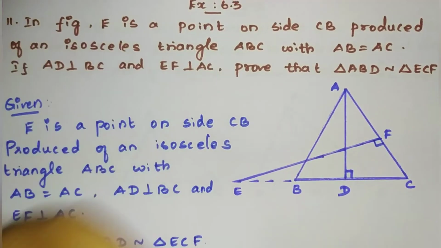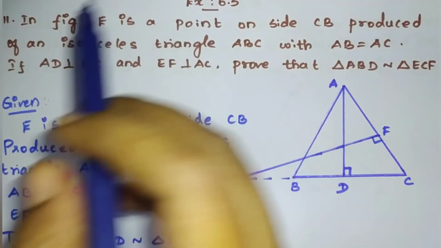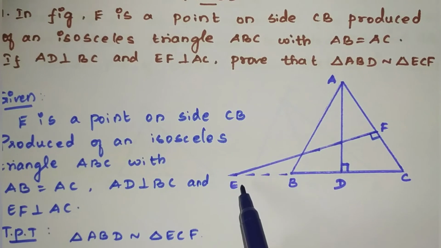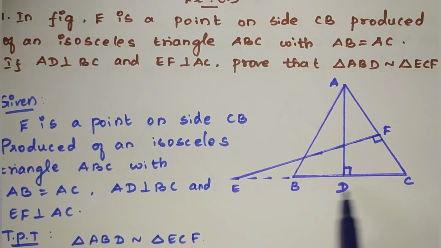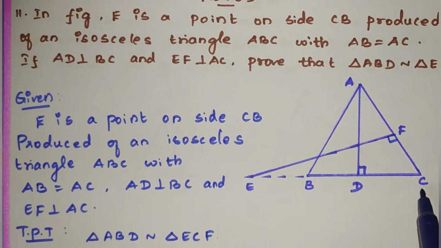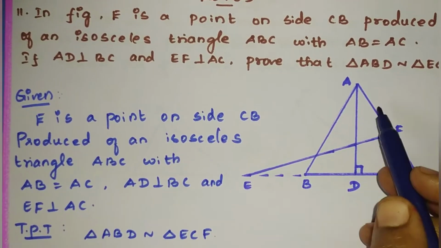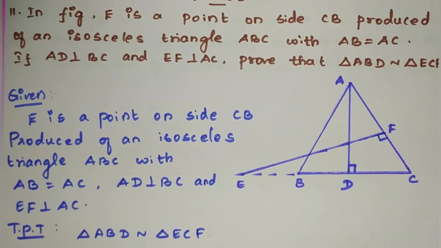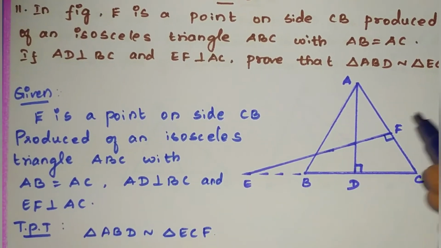Next, 11th problem in exercise 6.3. In a figure, E is a point on the side CB, produced of an isosceles triangle ABC. Since ABC is an isosceles triangle, we can tell that any two sides will be equal. No?